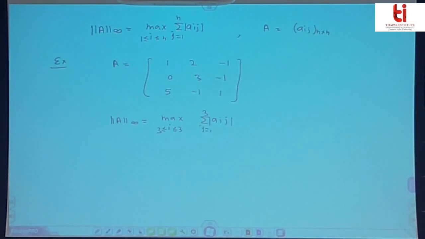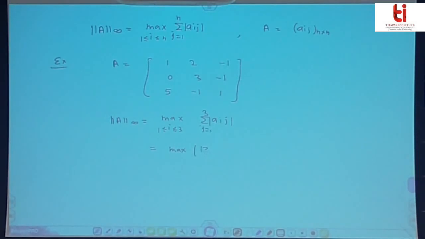So it is the maximum of the sums, 1 plus 2 plus 1, which is 3.